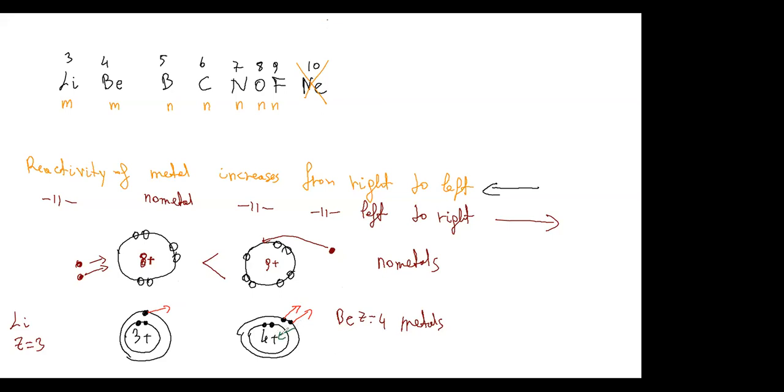It is number 4, so number 4 attracts these 2 electrons a lot. And the lithium has a weaker nucleus. So this weaker nucleus does not attract this single electron a lot. So this electron would escape easily. So that's why the reactivity of lithium is higher than beryllium.